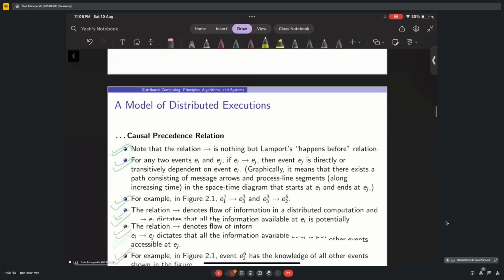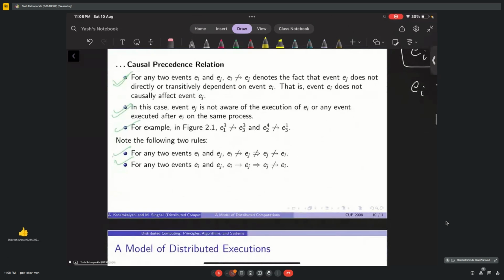So this is what is written here, that in this case, event Ej is not aware of the execution of Ei or any event executed after Ei on the same process. Understood? So in the figure also, I just showed it to you. Correct? And note the following rule, just for more understanding.